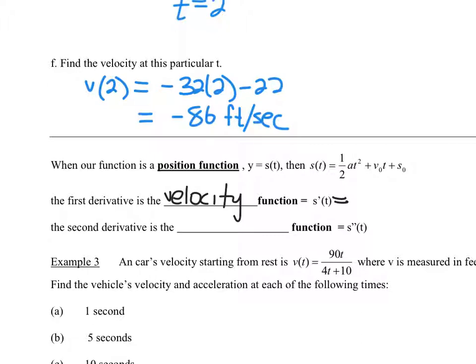At plus v0. All right, second derivative would be what? Acceleration. And that derivative would be what? Just a, yeah. Kind of funny how that works.